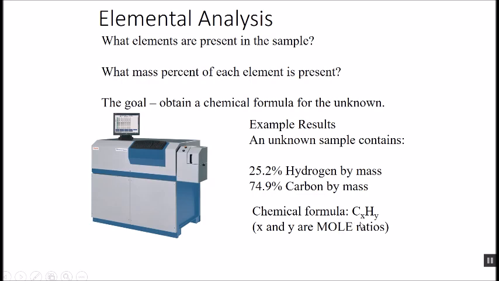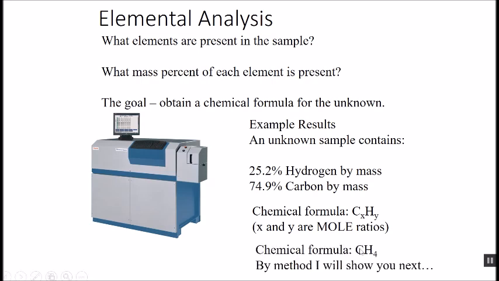What is a chemical formula? It's going to be the elements that are present with the whole mole ratios that would tell us the formula. So, for example, we could determine that something with 25.2% hydrogen and 74.9% carbon has this formula, CH4.